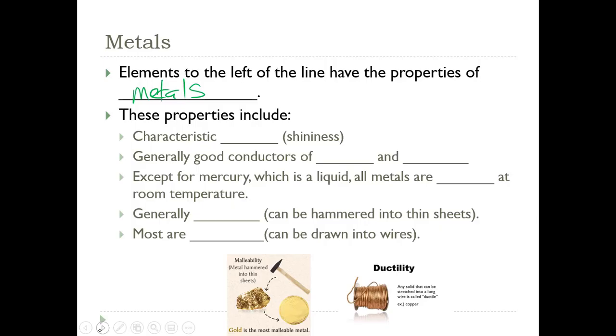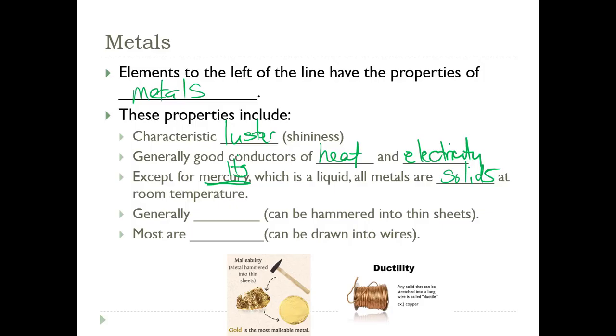The properties of metals include characteristic luster or shininess, and being good conductors of heat and electricity. Metals are solids at room temperature except for mercury, Hg, which is a liquid.